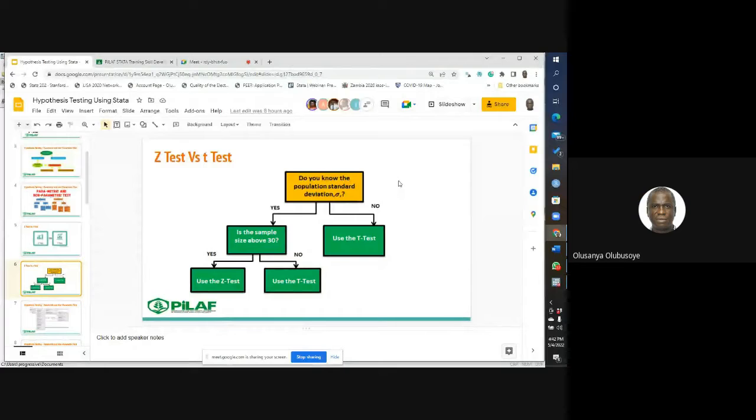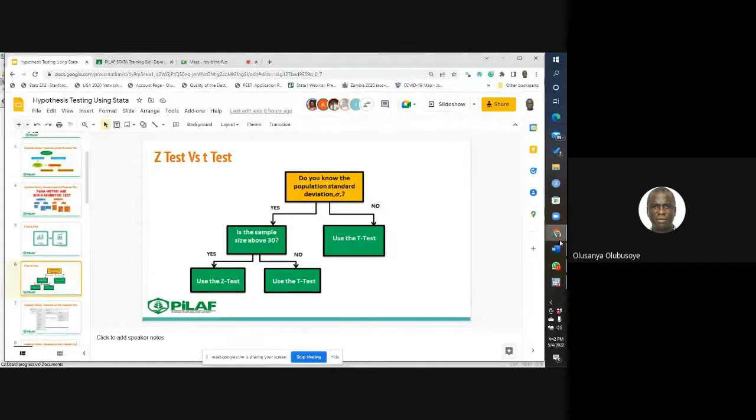So I'm telling you now that if you have sample size greater than 30, close your eyes and use either Z or T, you will get the same result. Is it clear, everybody? Yes, Prof. Let's continue.